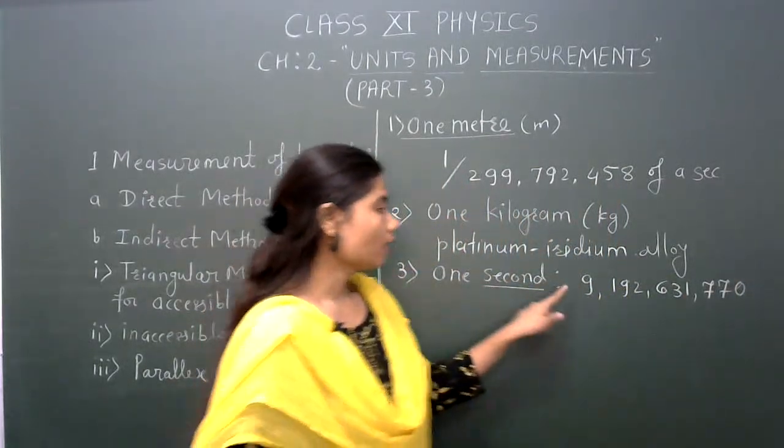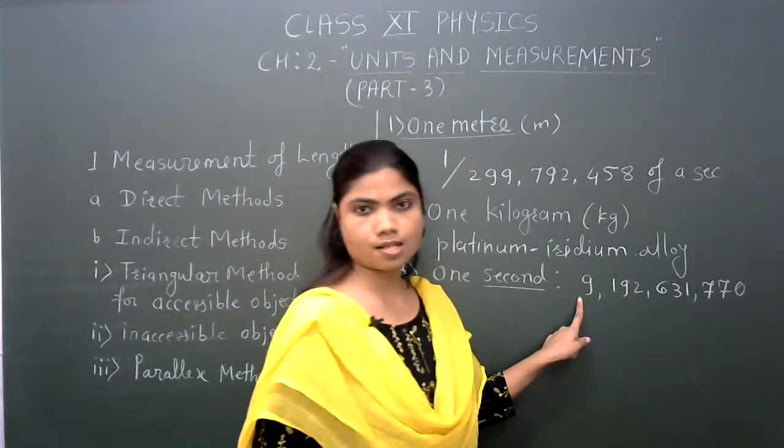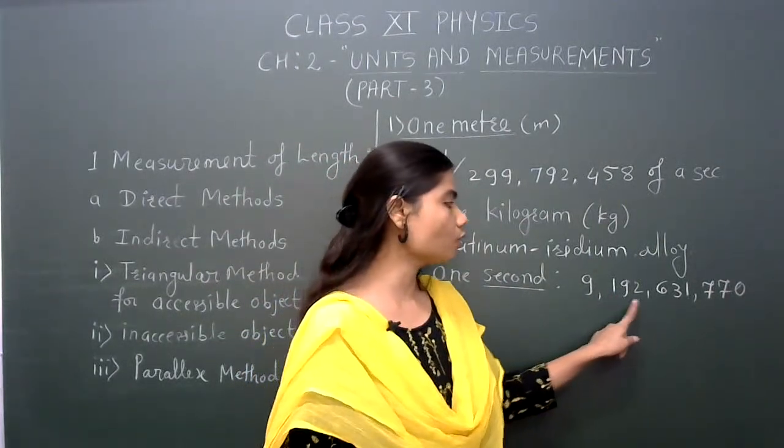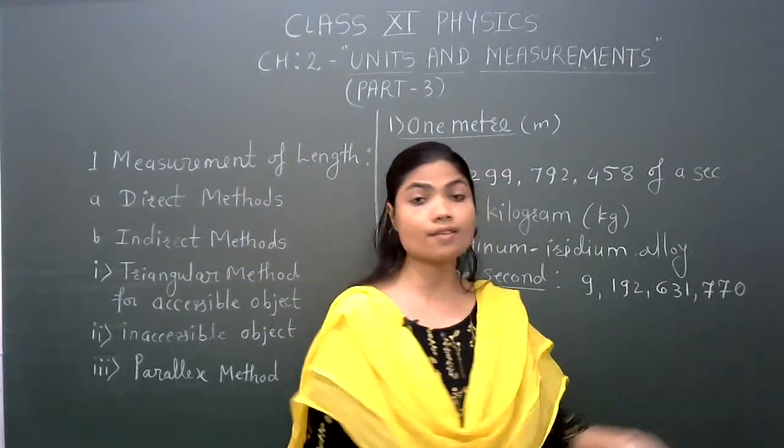Right? 1 second is a period of 9,192,631,770.